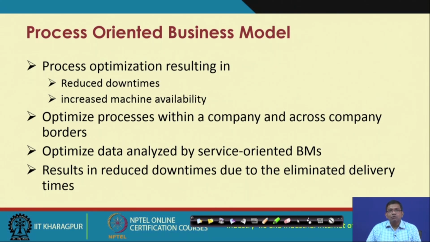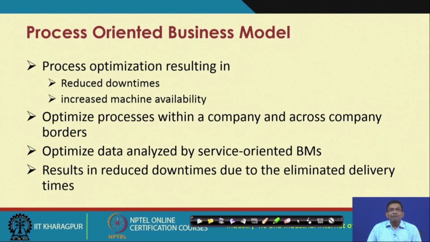So, reduced downtime, increased machinery availability, these are important considerations in the process oriented business model. So, these have to be optimized. Optimized, that means that you increase the availability of these machinery to different customers, not just one customer, but many different customers, making these machineries available to many of them.